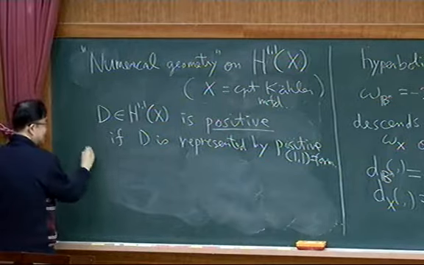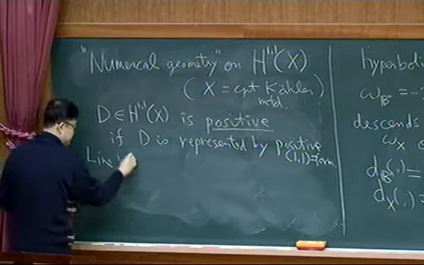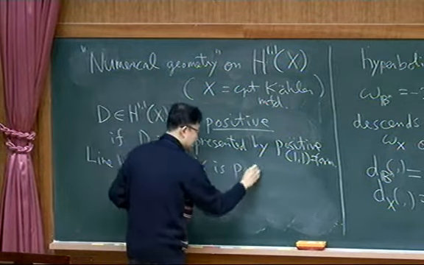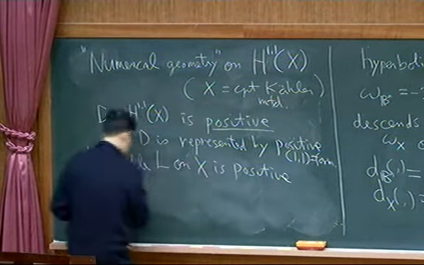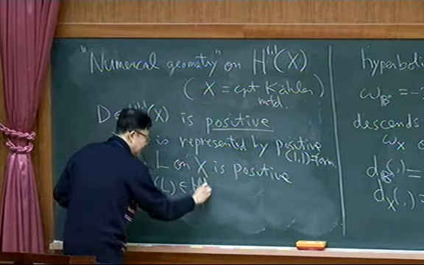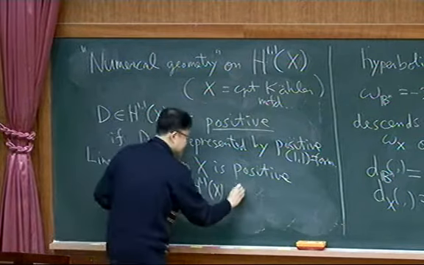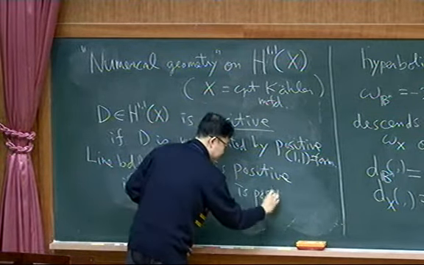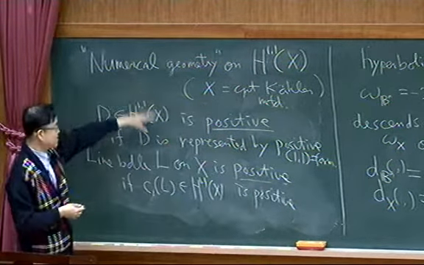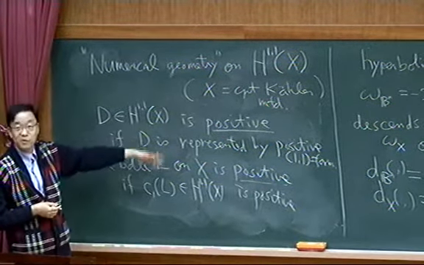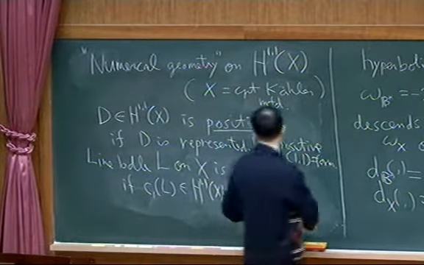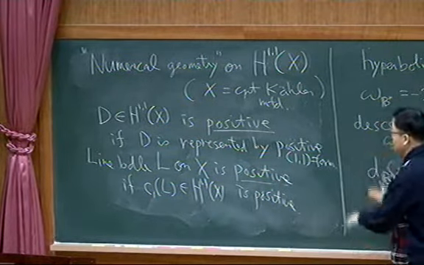Now, a line bundle L on X is positive if its Chern class as a class in here is positive. So as it says, it's a numerical condition on the cohomology class. And such a condition is usually easy to check. That's the advantage.